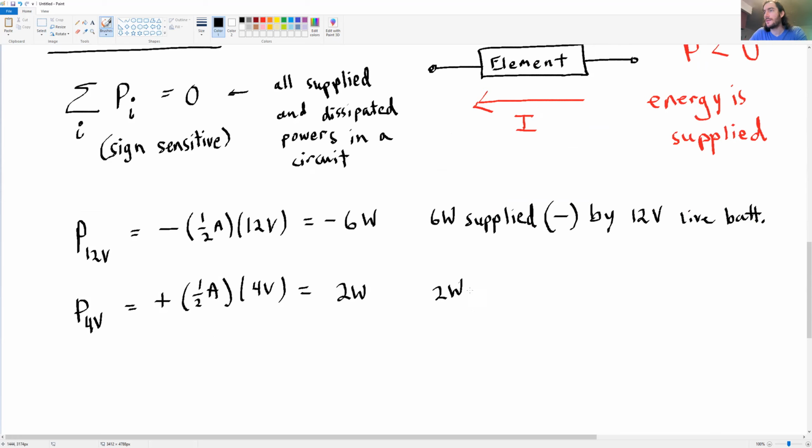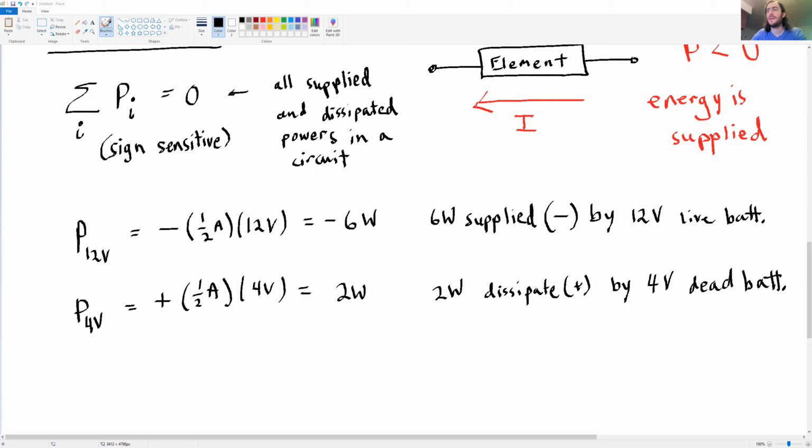So 2 watts is dissipated, in other words, positive power, by the 4 volt dead battery. Okay. And that completes this example.